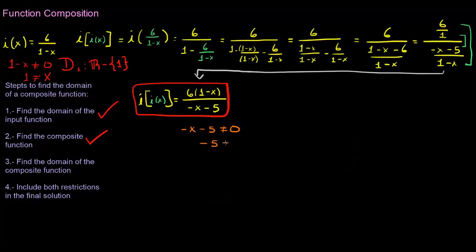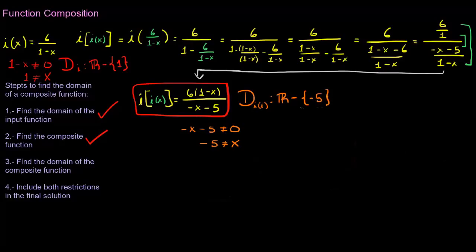So in other words, x has to be different from negative 5. So the domain of this expression, I'm going to write it like this just to make it clear, I composed with I would be all the real numbers except for negative 5.